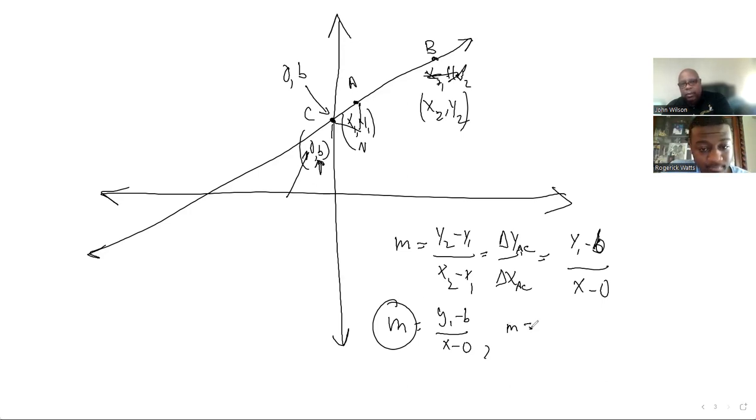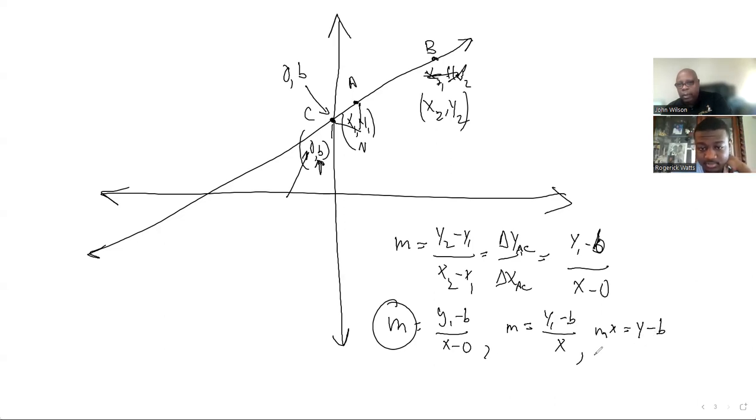You get m equals y1 minus b over x, right? Cross multiplying, what do we get? You get mx is equal to what? y1 minus b.